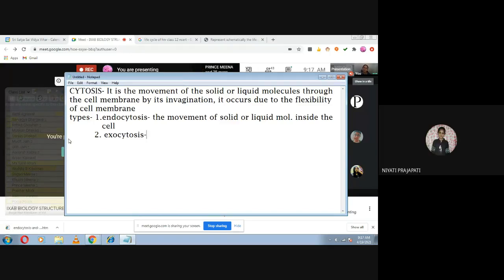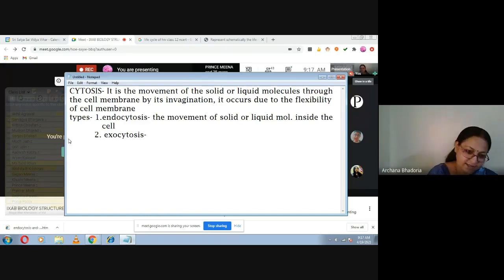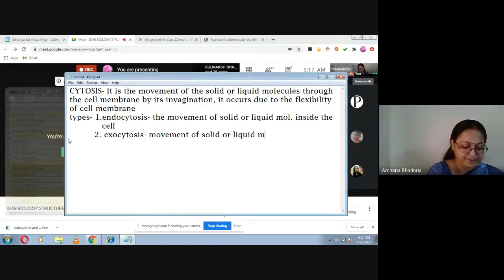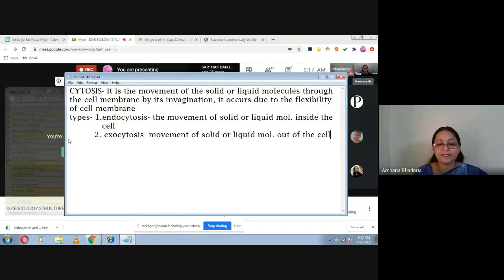Right. So you can write down: movement of solid or liquid molecules out of the cell. Is it clear? So the molecules will move out of the cell.